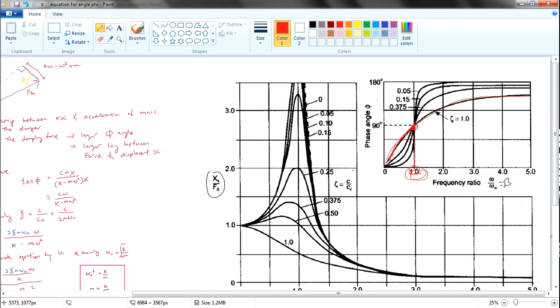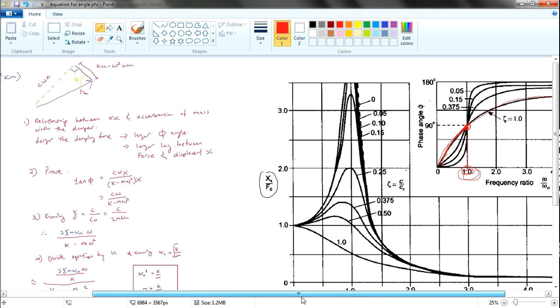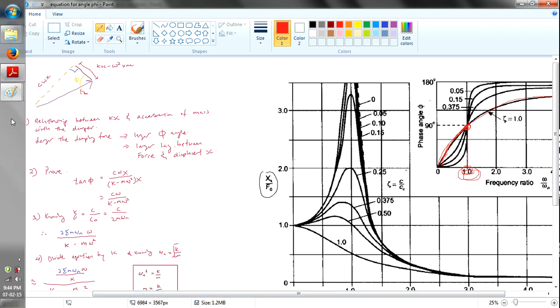Maybe your phase angle will actually increase much faster than with the higher damping factor. So with the lower damping factor, as your frequency ratio increases, you have a higher phase angle, then you will have a higher lag behind.